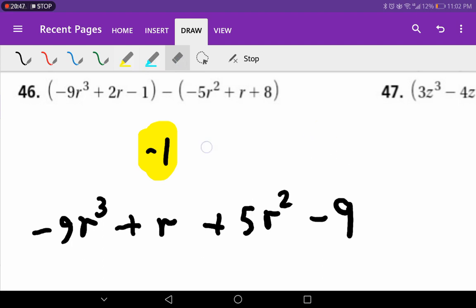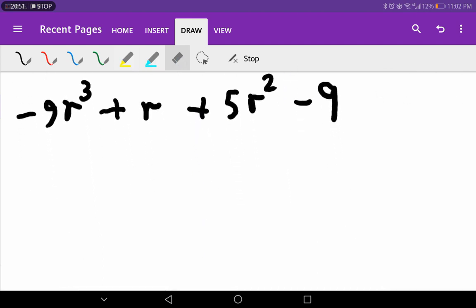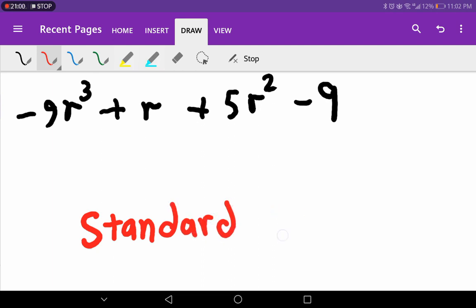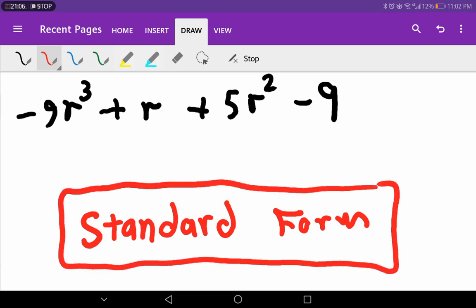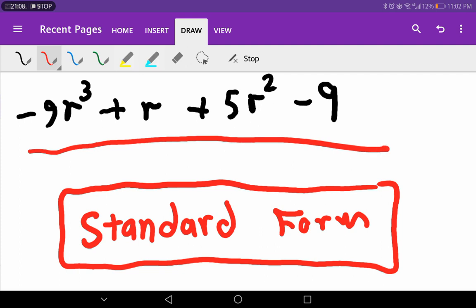Now if you see this, I'm done, by the way. But if he asks me to write it in standard form, this is a new concept, teacher. Yes, standard form. What is the standard form? The standard form, my dear student, means to order the polynomial.